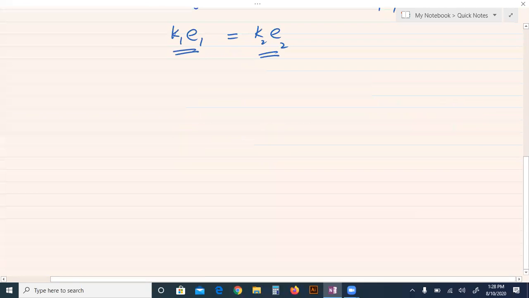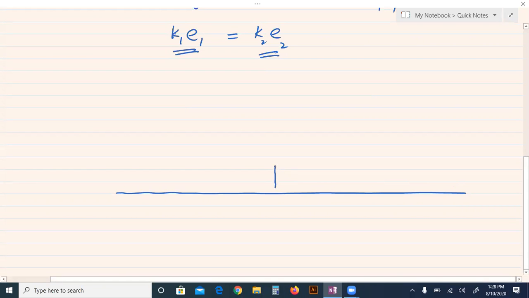But this trolley is displaced from its equilibrium position.